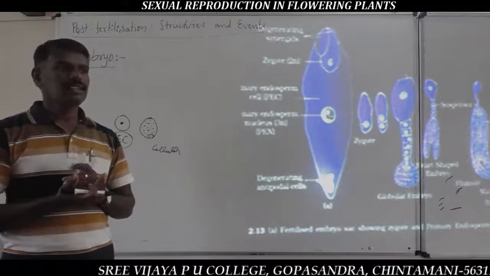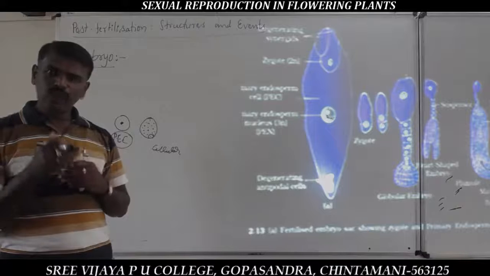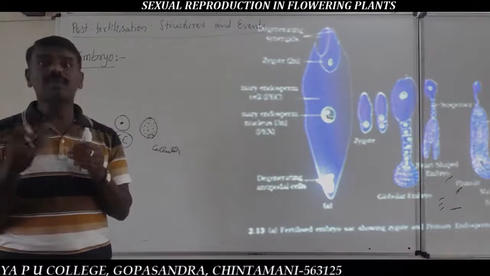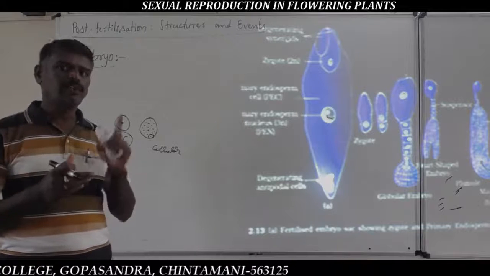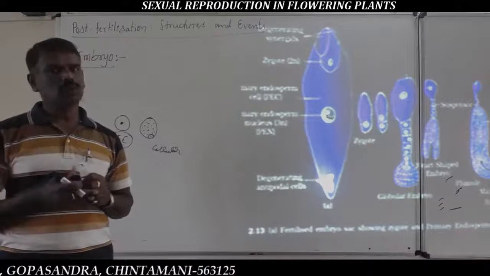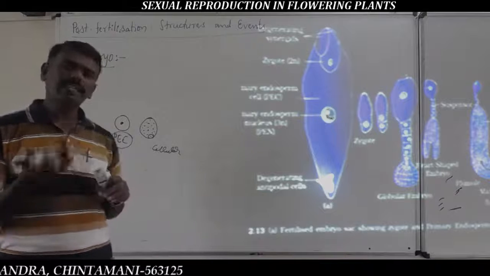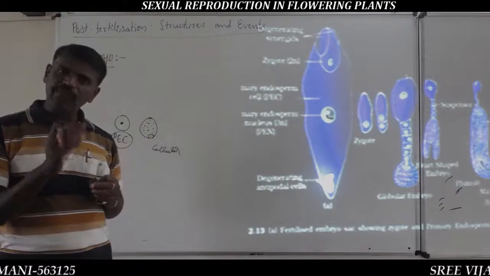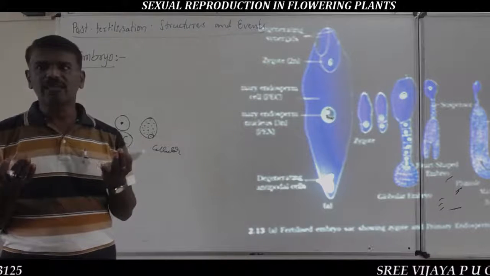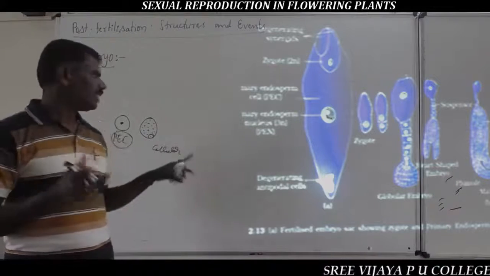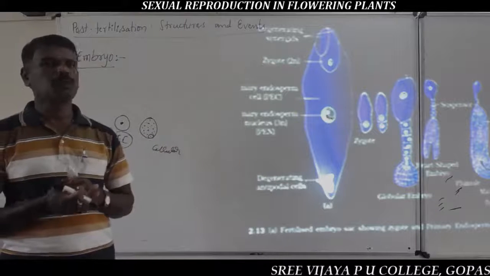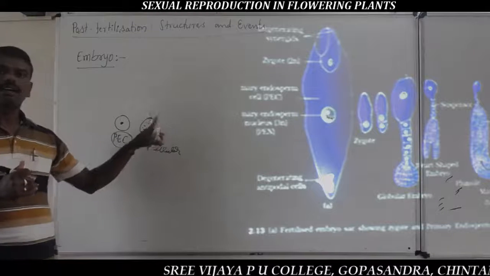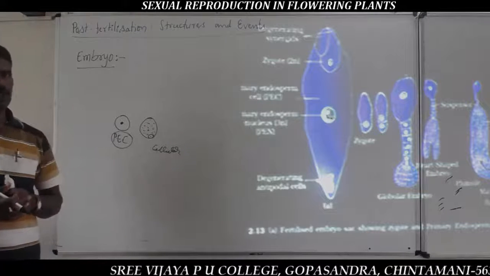Later, in one cell the nucleus divides without cross wall, while the other cell may retain its single nucleus, or divide a certain number of times and stop. So helobial endosperm is intermediate between nuclear endosperm and cellular endosperm.